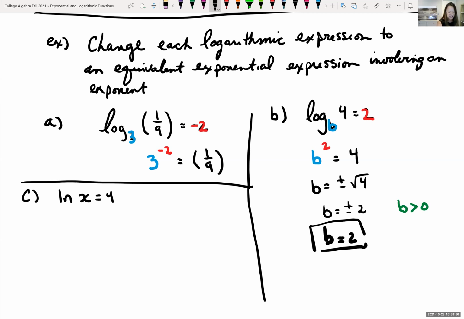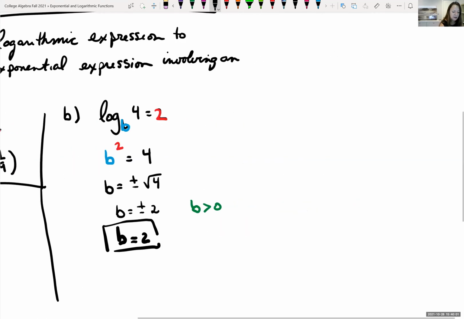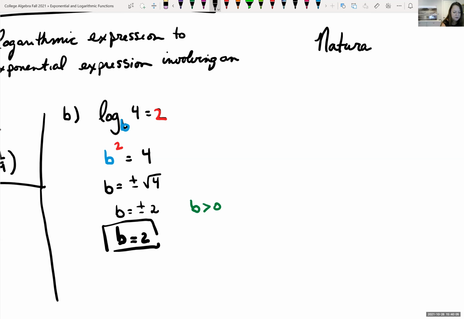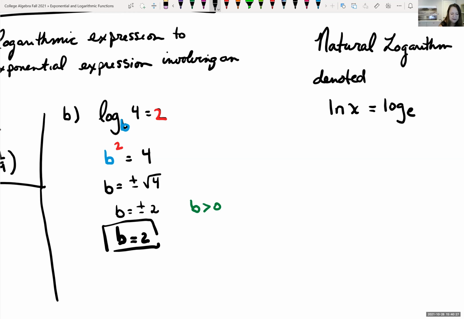By definition, an ln represents the natural log. So the natural log, denoted ln of x, is equal to our log base e of x.